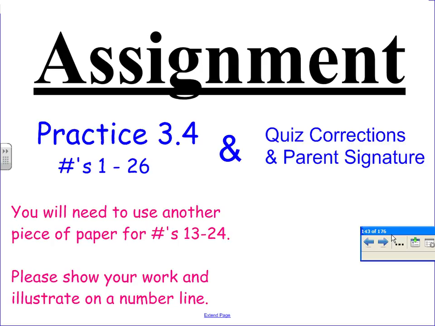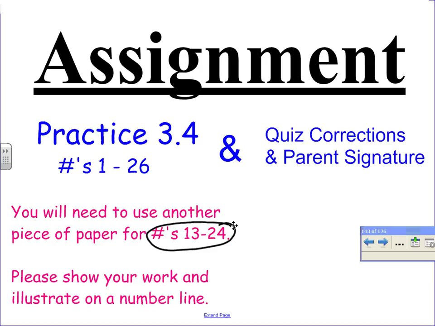Okay, does everyone have their quiz back? Okay, so here's what you need to do. Practice 3.4. You're going to do numbers 1 to 26, which is all of it. The only problems you need to use another piece of paper for are numbers 13 to 24.